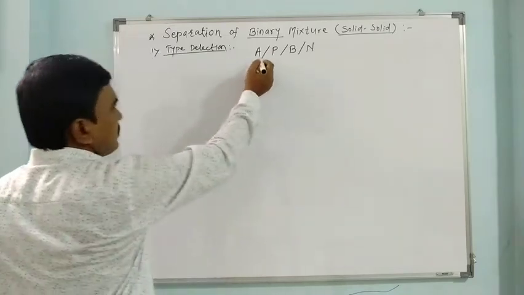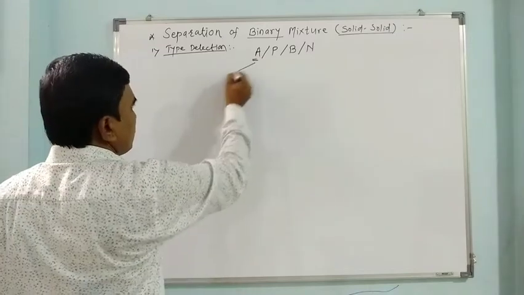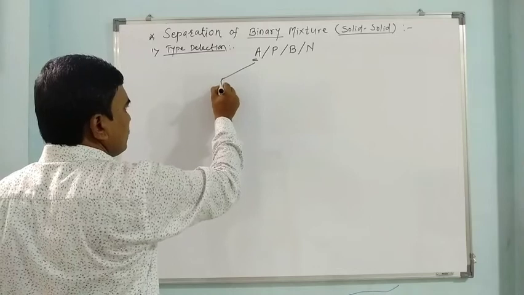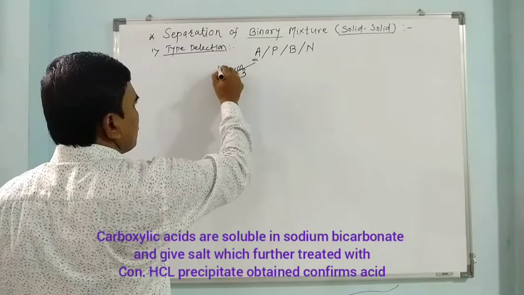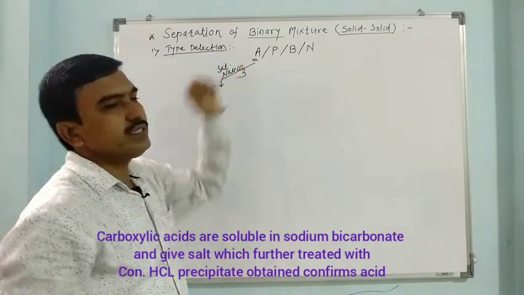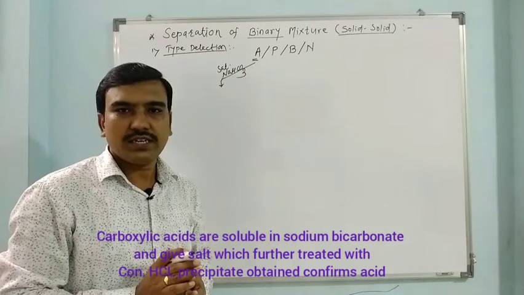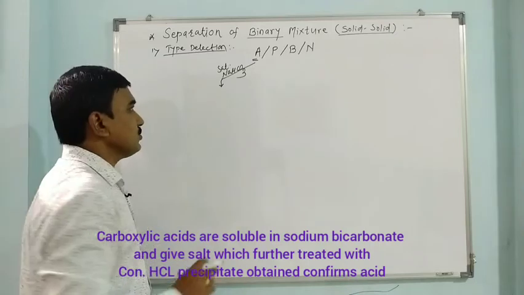We have to check one by one. To check acid, we need to add saturated sodium bicarbonate, NaHCO3. Organic acids are carboxylic acids which contain the functional group RCOOH or ArCOOH.